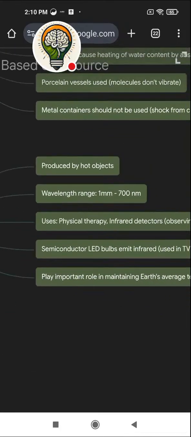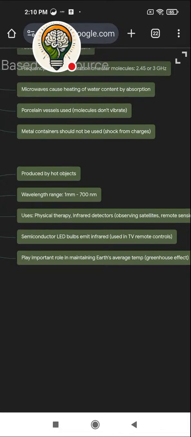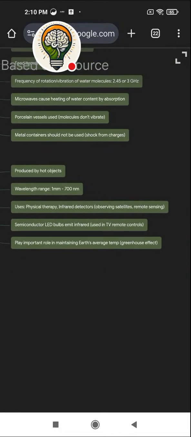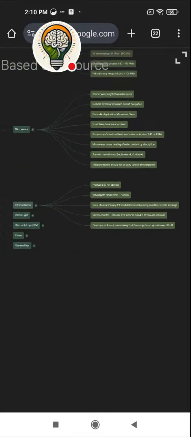Then the infrared waves. Infrared waves are produced by hot objects, wavelength range 1 millimeter to 700 nanometers, and used in physical therapy, infrared detectors, observing satellites and remote sensing. Semiconductor LED bulbs emit infrared used in TV remote control, and infrared plays a role in maintaining Earth's average temperature through the greenhouse effect.